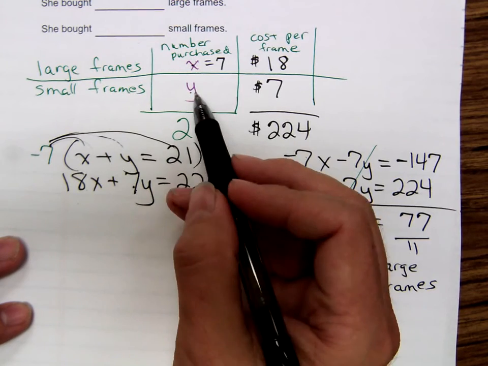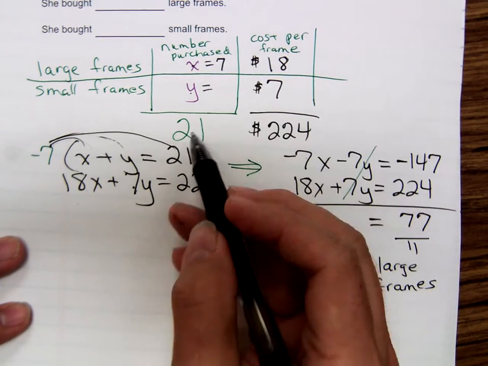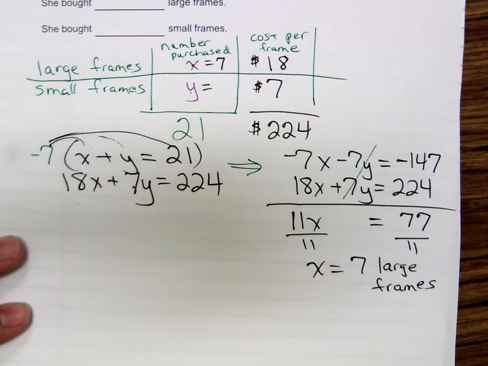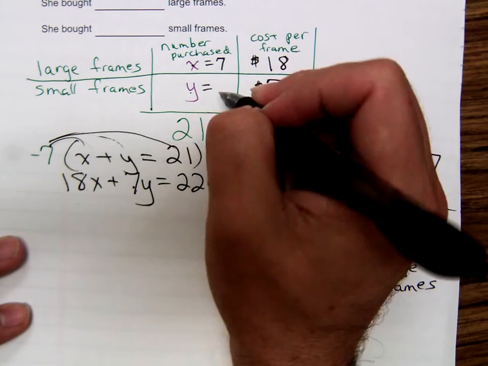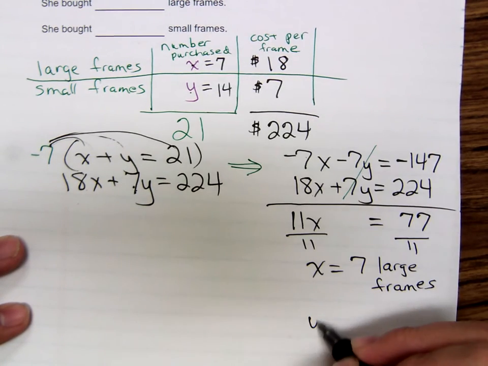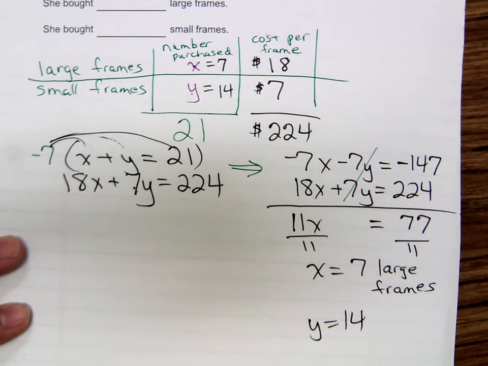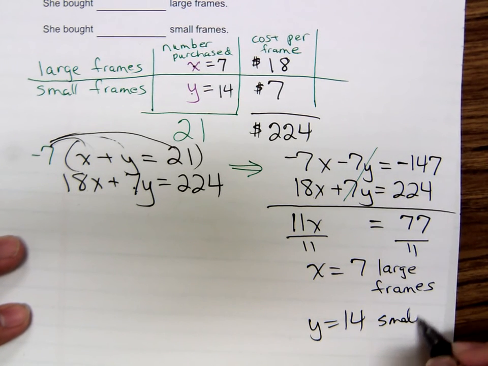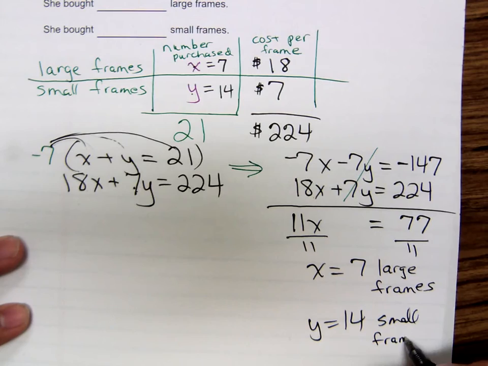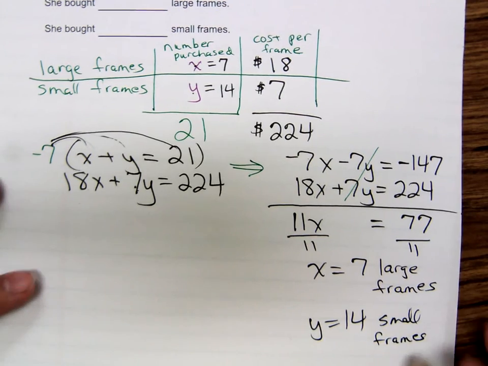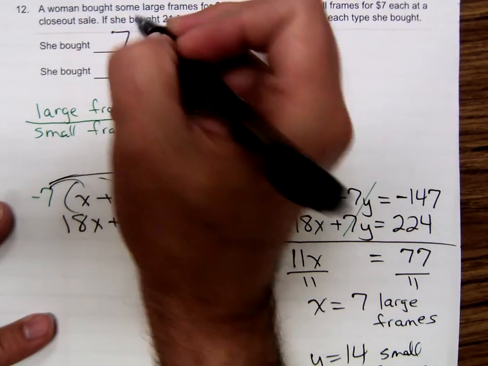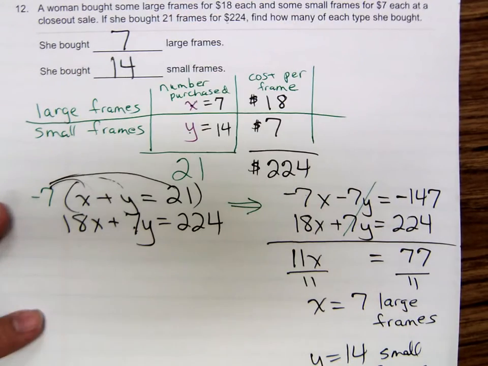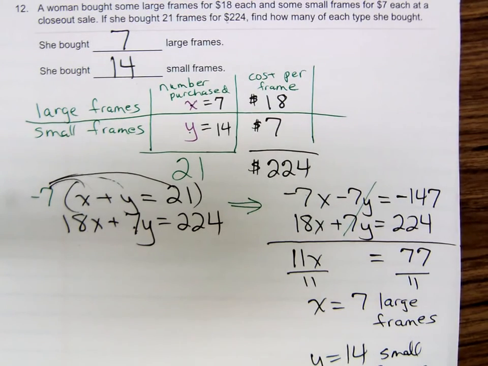What does y have to be to give us 21? 7 plus what gives us 21? 14. So y is 14. So this gallery owner bought 7 large frames and 14 small frames. Any questions there?